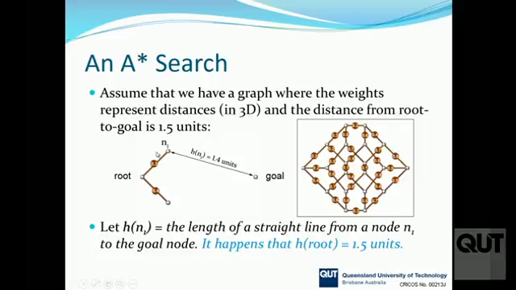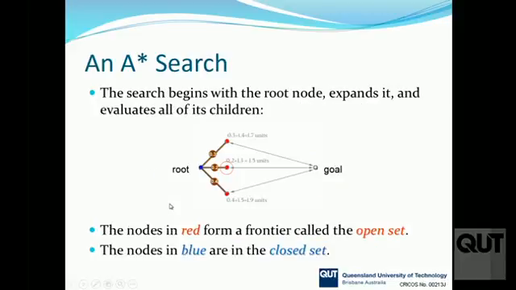Okay, so what we're doing here is that we do a calculation. We're going to be evaluating all of these nodes with evaluations from that heuristic function. So the search begins at the root and expands it and evaluates each child. And so we compute that function.